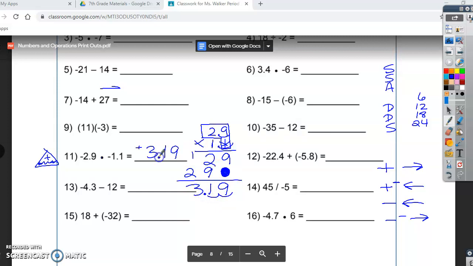Don't forget that decimal, it makes the answer completely wrong. Okay, it's the difference between $319 and $3.19. So you are going to finish this up by yourself, and I wanted to make sure you know that this right here, this slash, is a division sign, just to make sure you know that. Okay, it's kind of like a fraction bar, but that's your division sign.